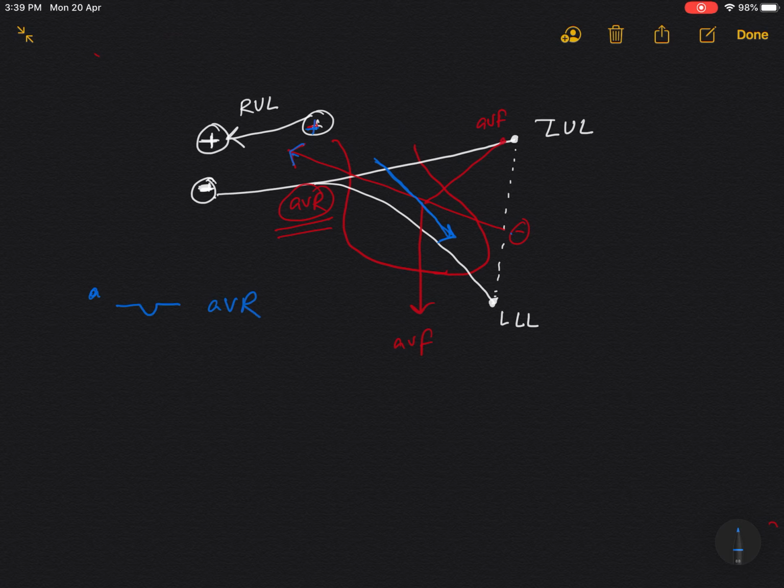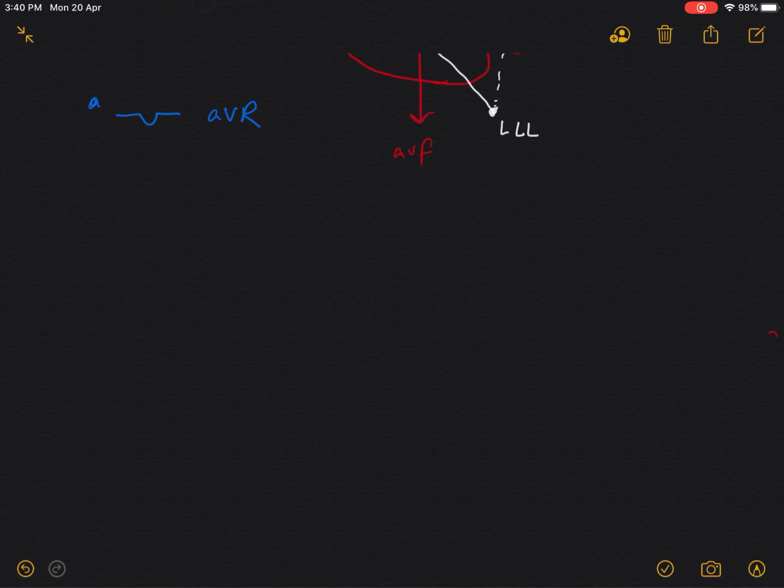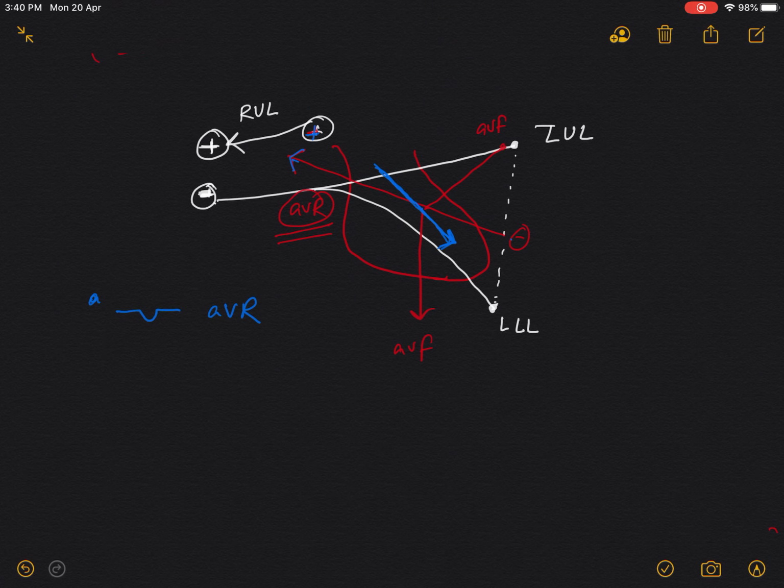The atrial depolarization vector is directed from positive to negative, so this produces a negative deflection of the P wave on AVR.